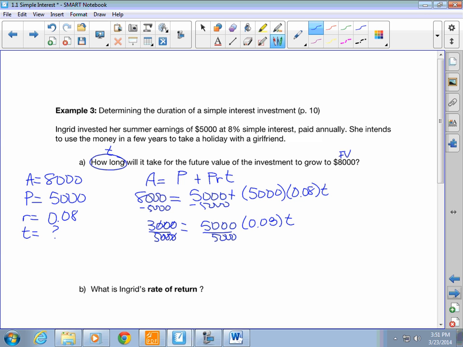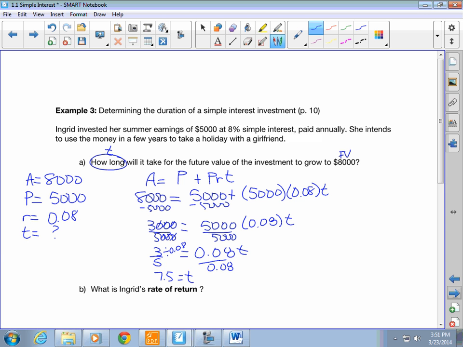I'm going to finish solving it this way. So I have 3 over 5 is equal to, I'll leave it like this, 0.08t. So if I divide by 0.08 and divide by 0.08, this leaves me with 7.5 is equal to t.